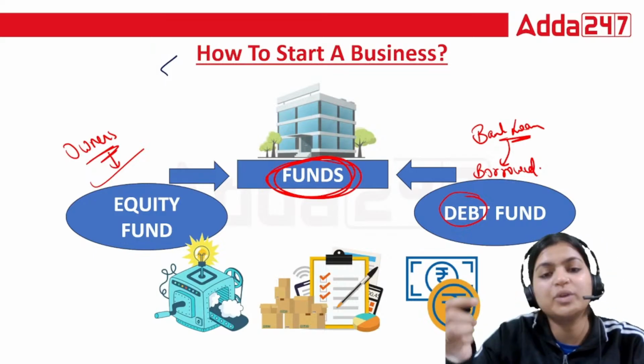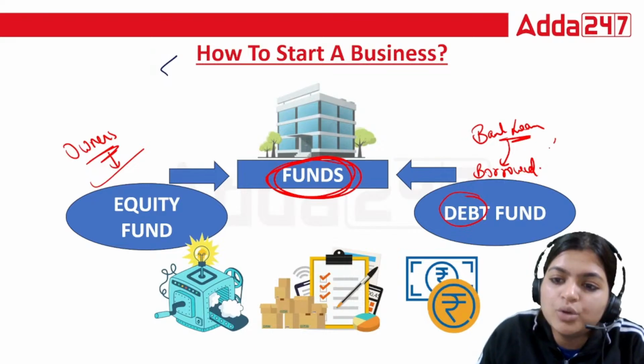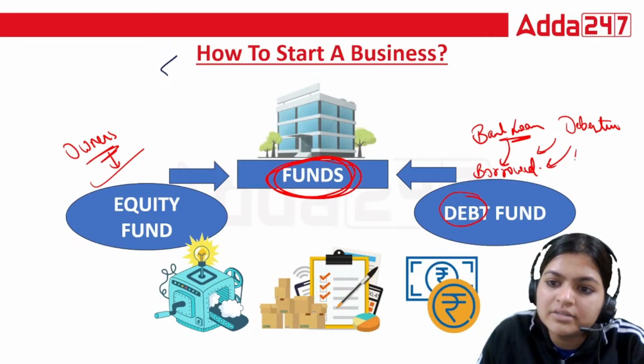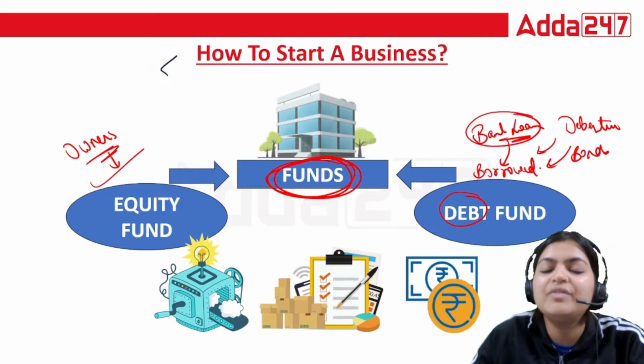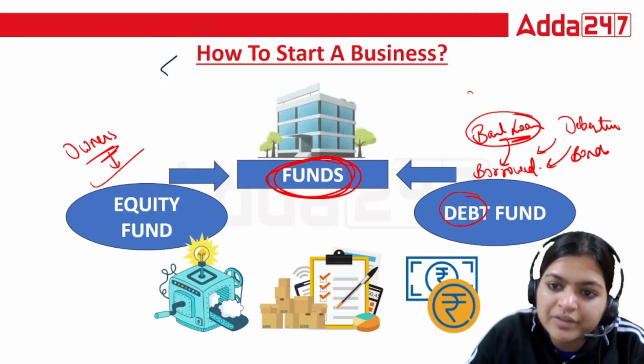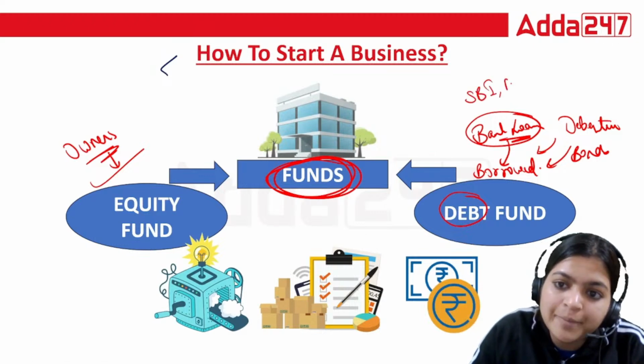First, you can take bank loan. You can go with debentures. Yes, you can issue bonds. So basically bank loan, when you take from bank, like as you have taken loan from SBI, Axis Bank, ICICI Bank.